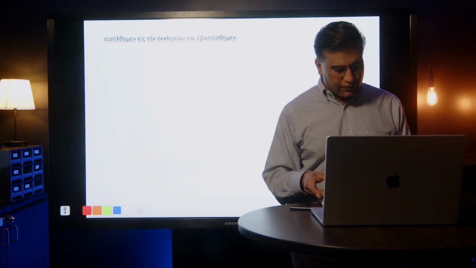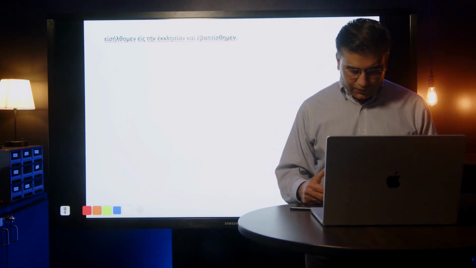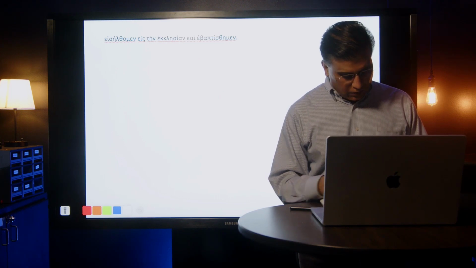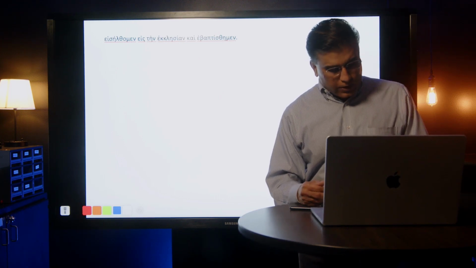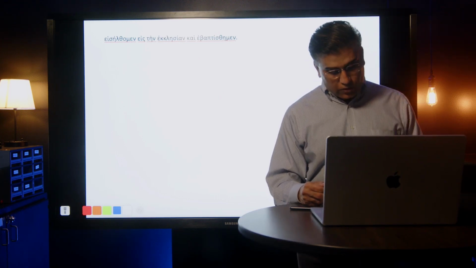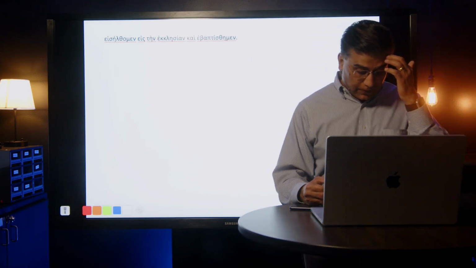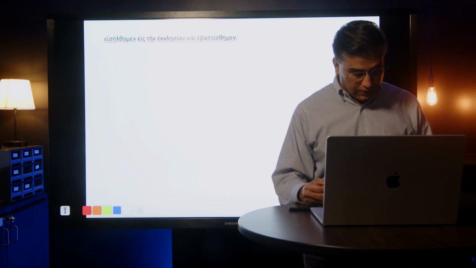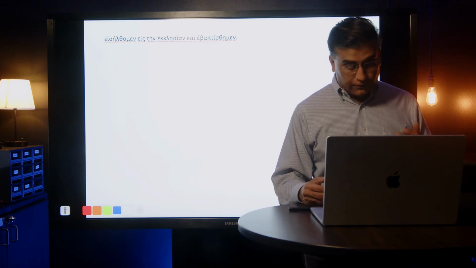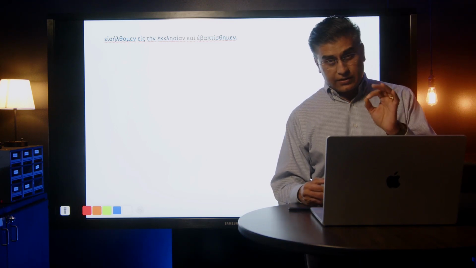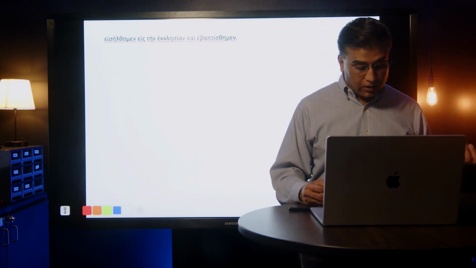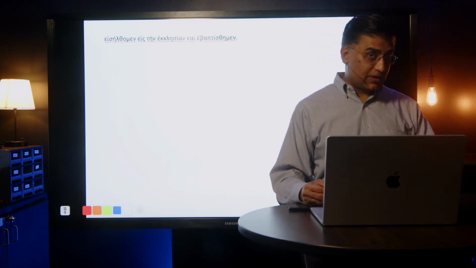What happens to the future? If you want to know how the future passive works, go to page 104, and there you have the first future passive, and then you have the second future passive. Again, the first future has the theta in there, but no e augment. And the second future does not have the theta.